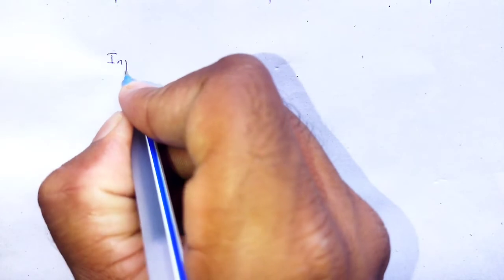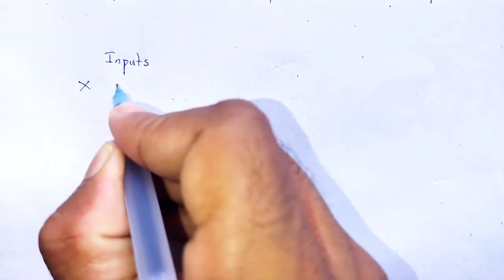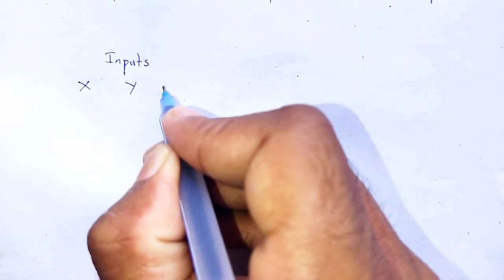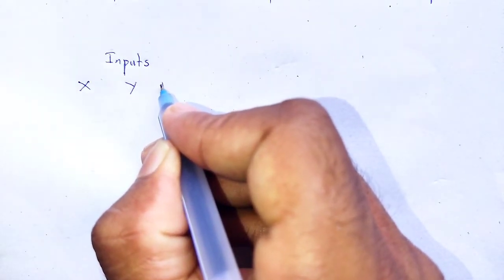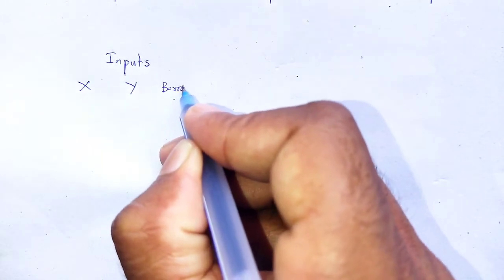In inputs, it has three inputs: x, y, and another one is bi, which is the borrow input.